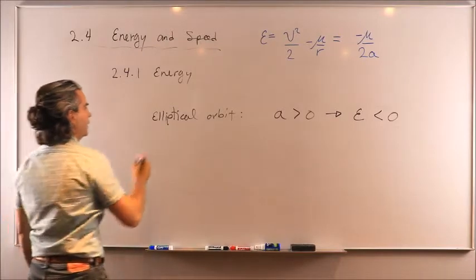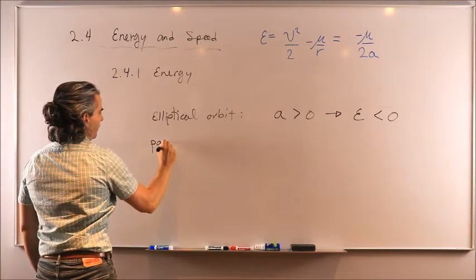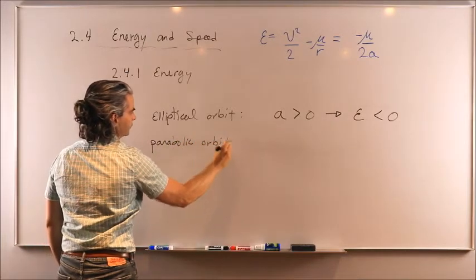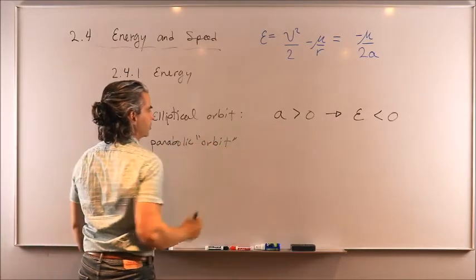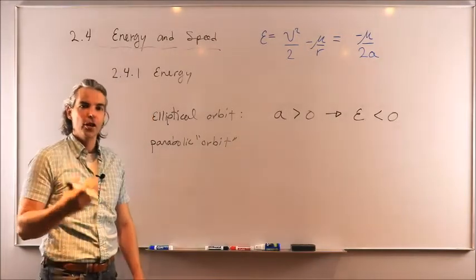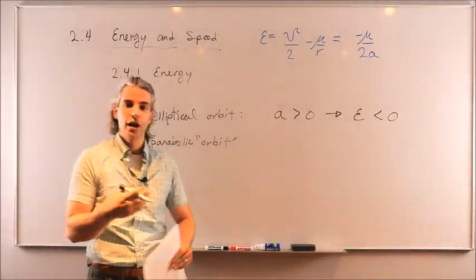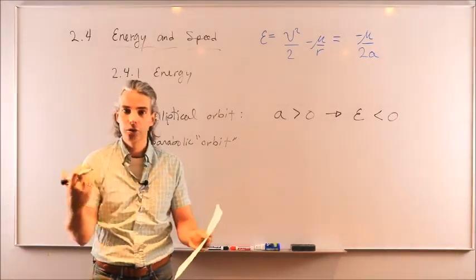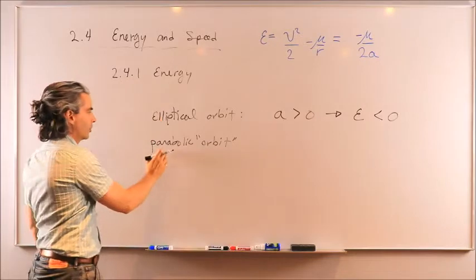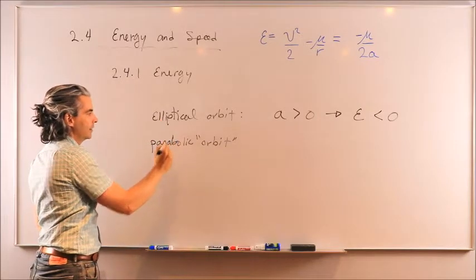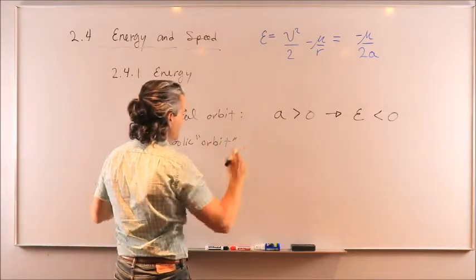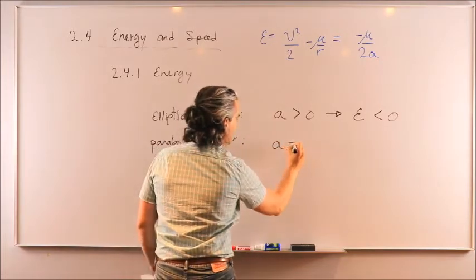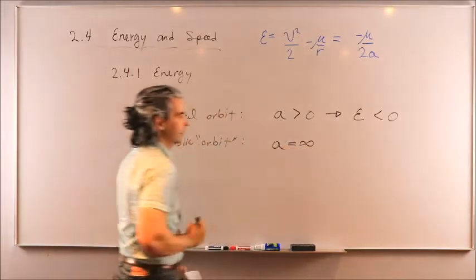Okay? Now, if you look at a parabolic orbit, I'm going to put orbit in quotation marks because, as you know by now, a parabolic trajectory is not an orbit, because it is open-ended. It's not a bounded closed orbit, right? Remember the conic section discussion we had? So a parabolic orbit or trajectory happens to have its semi-major axis equal to infinity.